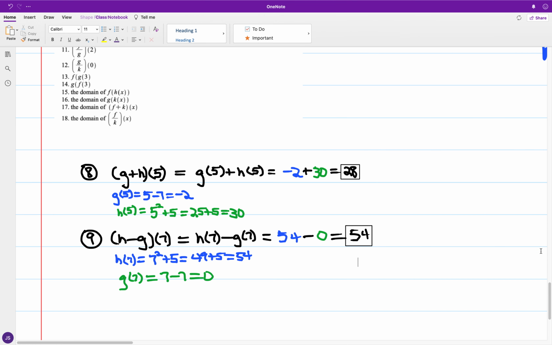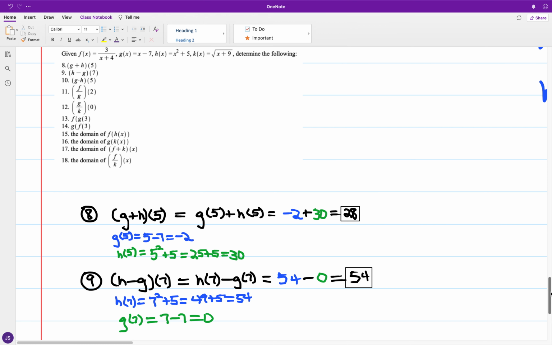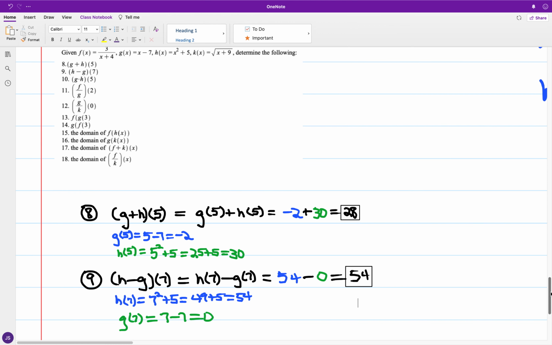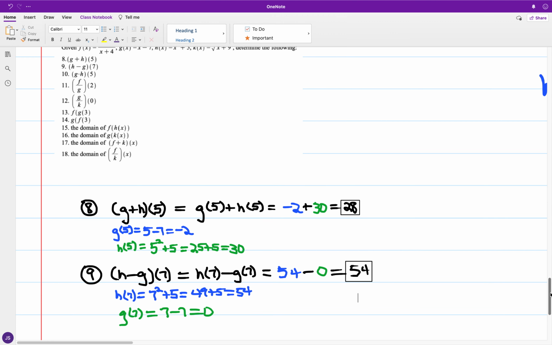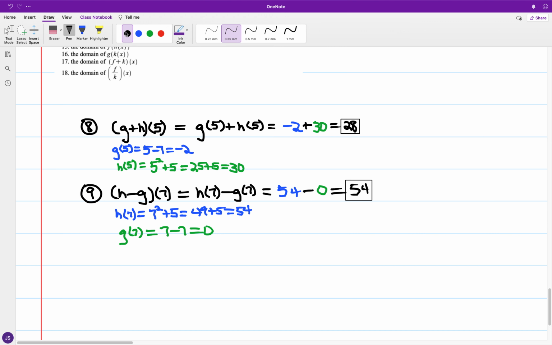All right. Now, in the case of number 10, we have g times h when x is at 5. So for g times h of 5, we're still using the functions g and h.